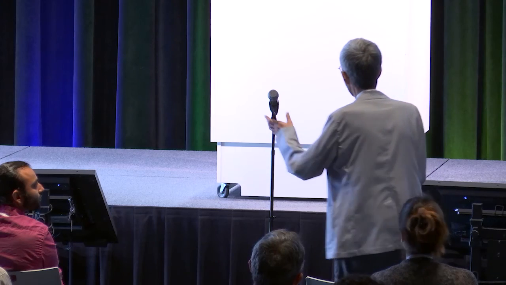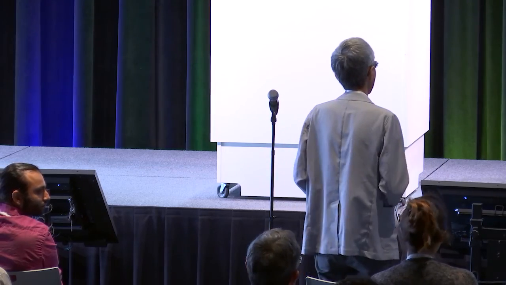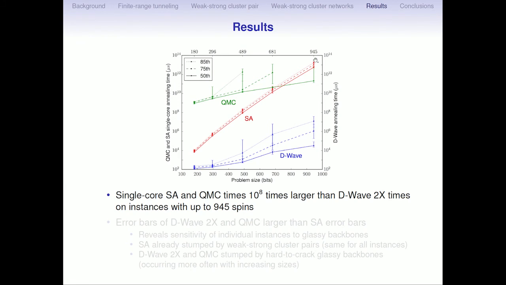So may I myself ask a question? You said that for larger systems, Quantum Monte Carlo didn't reach conclusions with high accuracy. And I heard a rumor that you spent a very large computational effort to simulate the system for simulated annealing and quantum annealing, and at the time you spent a good chunk of the Google computational power on this project. Is that true? That's right, yes. So the reason why we don't have any more data points here for the larger sizes of QMC at the larger quantiles is that we already spent quite a bit of computational time on getting the other data points, and this would have taken a lot longer.